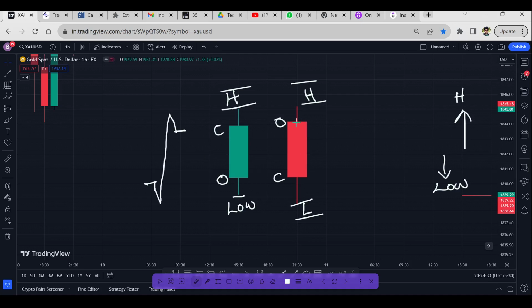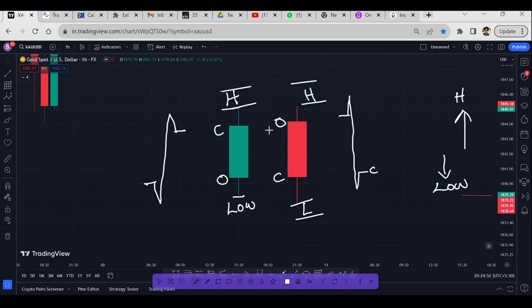The same way in the bearish candle, the candle opened here, went to the upside, and then further went to the downside, but was unable to close below, and closed here at that particular point of time. We are looking at the 1 hour time frame. So this is the basic understanding of a candlestick.